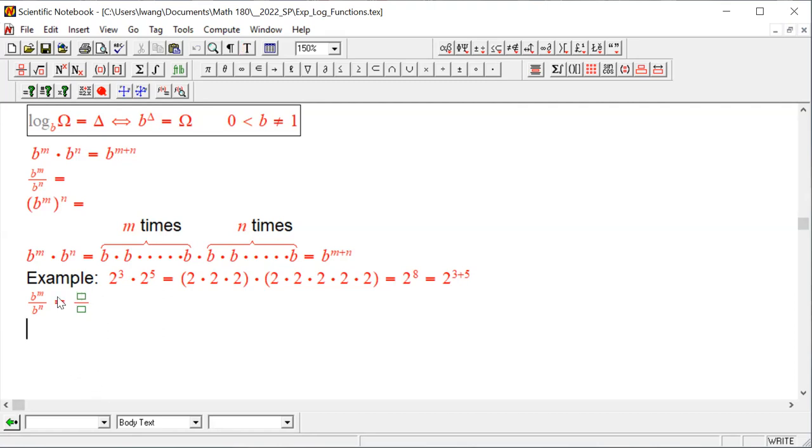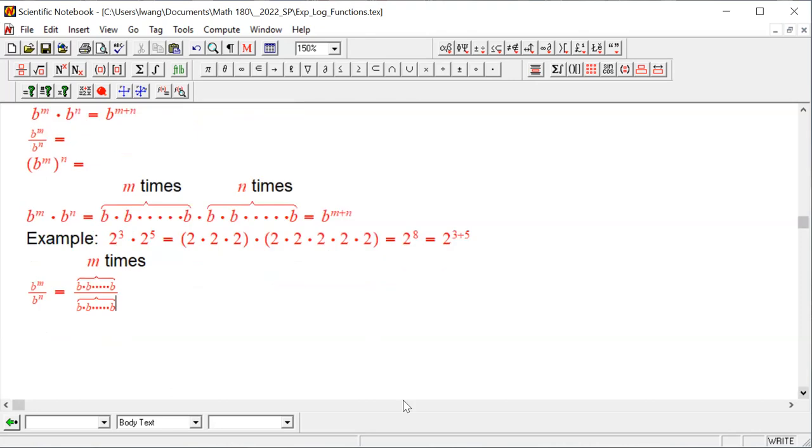You can also use an example, but this time we're going to do m times on the numerator, and the denominator, of course, is n times. I'm just doing copy and paste to make it easier for myself.